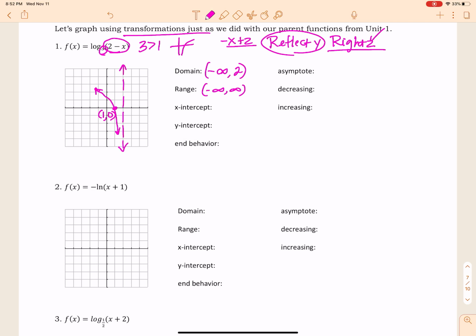My asymptote moved from x equals 0 to x equals 2. It is now decreasing from left to right, so from negative infinity to 2, it is decreasing. The x-intercept is 1, 0. We do have an x-intercept right up here. The y-intercept involves using your equation to find that value, which means we're essentially finding what y is when x is 0.